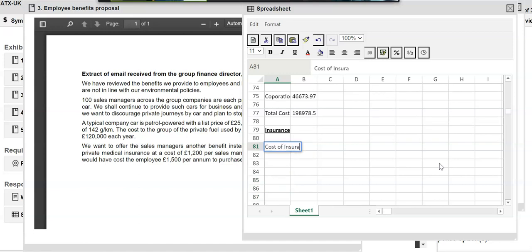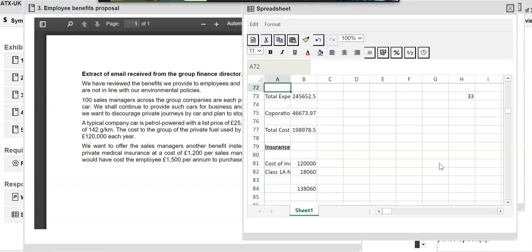Cost of insurance would be 1200 times 100, so that's 120,000 pounds. And then we also have to calculate the class 1A NIC, right? And the cost paid by the employer is the benefit to employee, so that would be this amount times 15.05%, right? And if you add them together, that's your total expense.